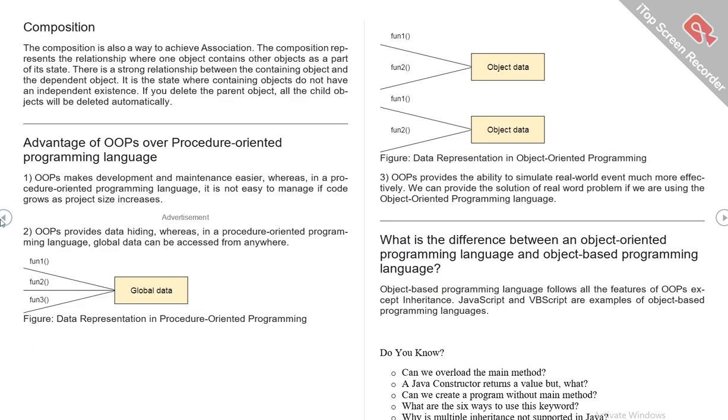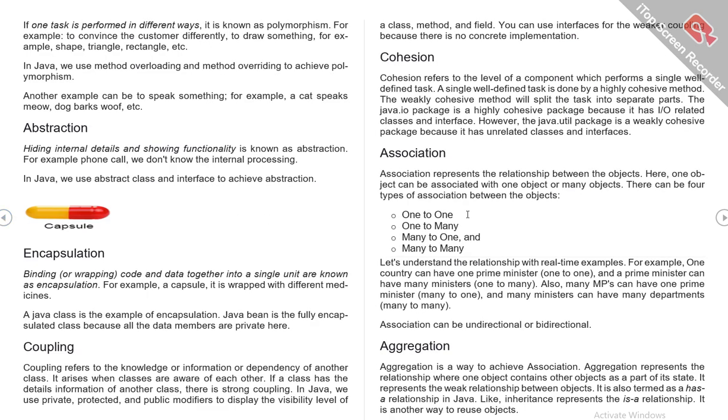Aggregation is a way to achieve association. Aggregation represents the relationship where one object contains other objects as part of its state. And it represents the weak relationship between objects. It is also termed as a has-a relationship in Java.